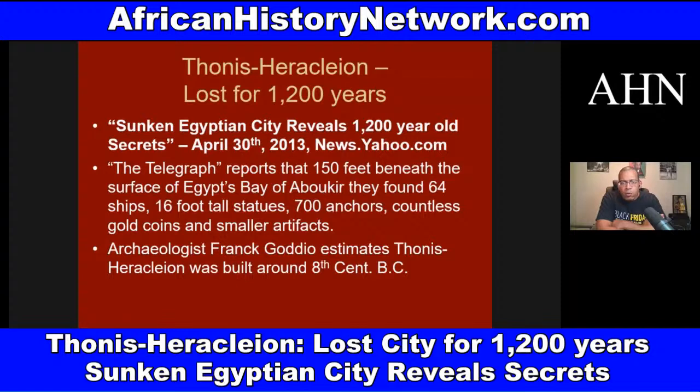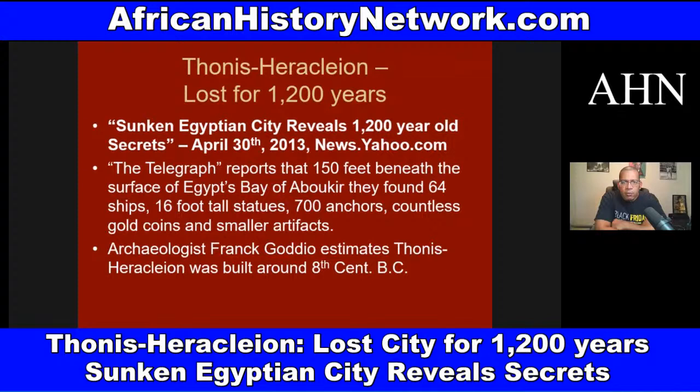The Telegraph reports that 150 feet beneath the surface of Egypt's Bay of Abu Qir, they found 64 ships, 16-foot tall statues, 700 anchors for ships, countless gold coins, and smaller artifacts.